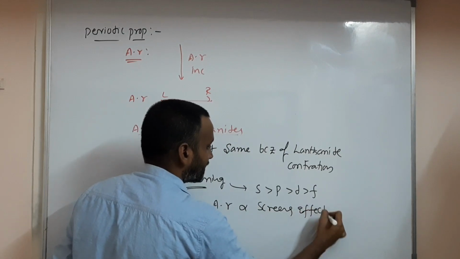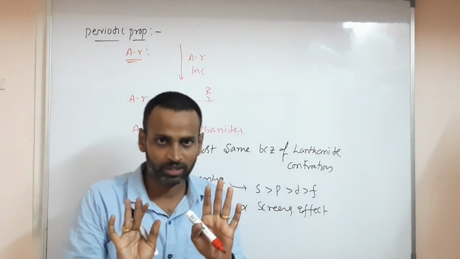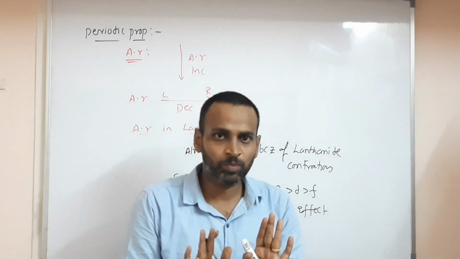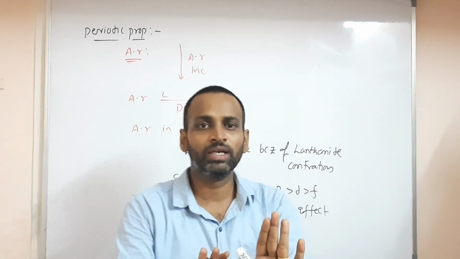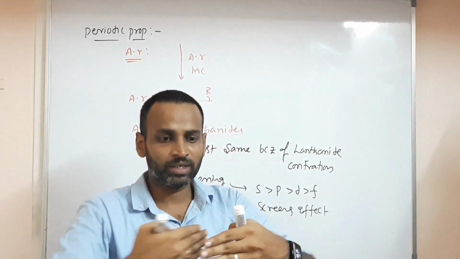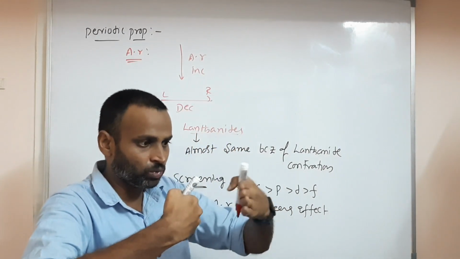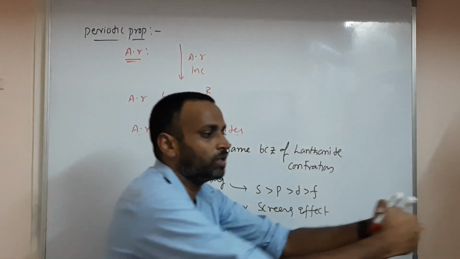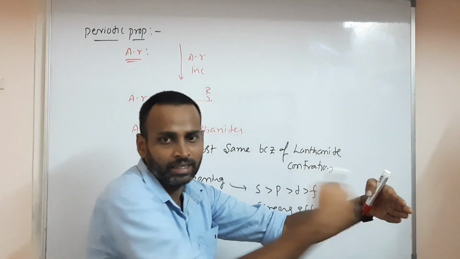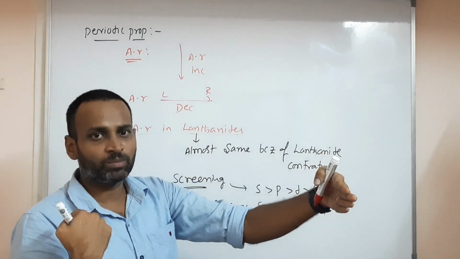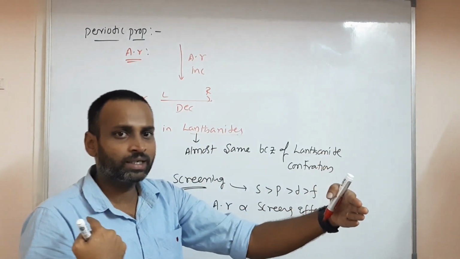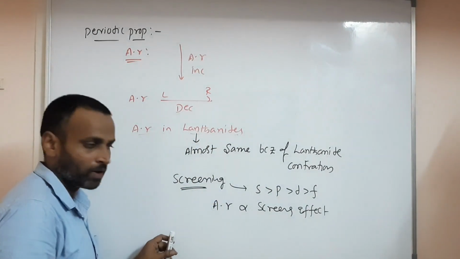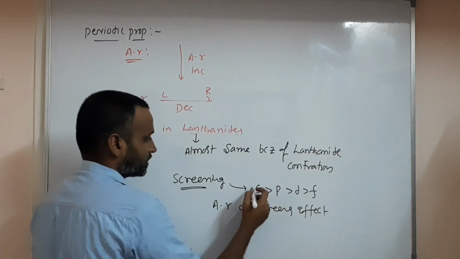Screening effect is directly proportional to atomic radius. Sorry for that. If the inner subshell is protecting properly, then the outer electron will be pushed away from the nucleus. This is the inner subshell, this is the outer; if this protects properly, the outermost electron is pushed away from the nucleus, and certainly the distance increases. Okay, so the screening effect is this.